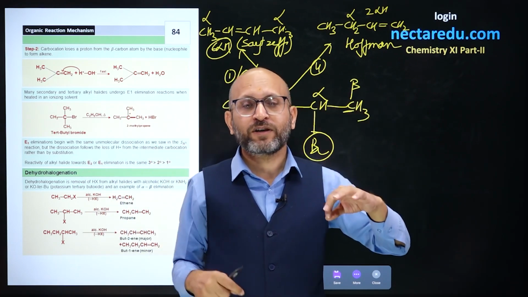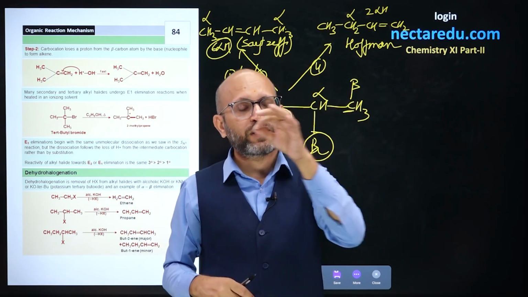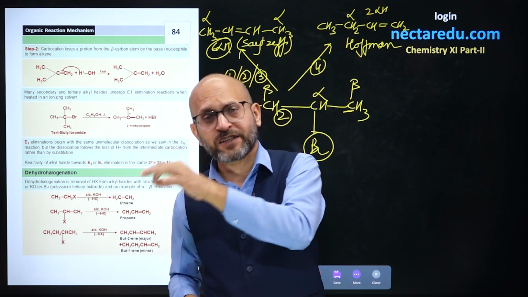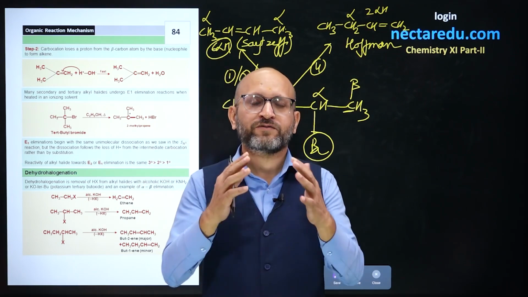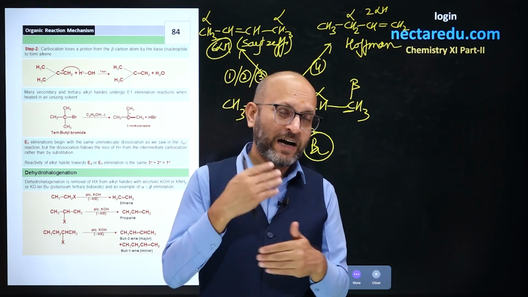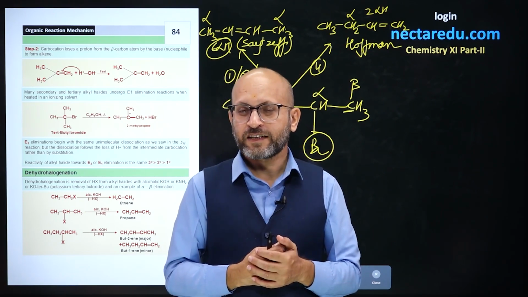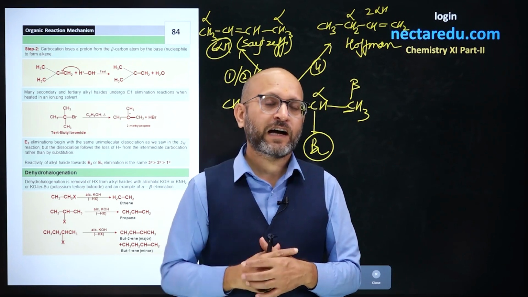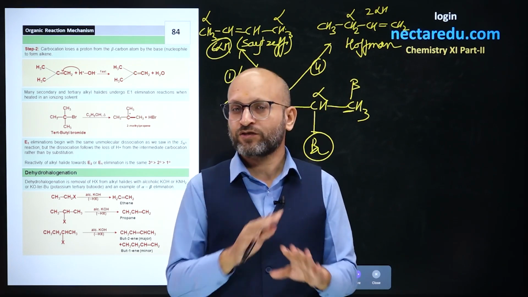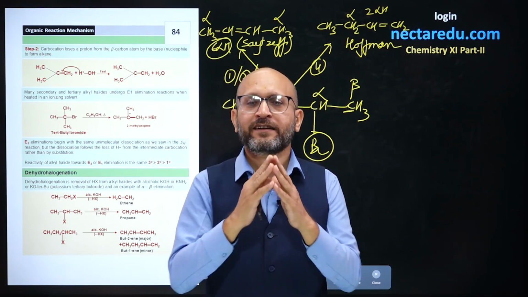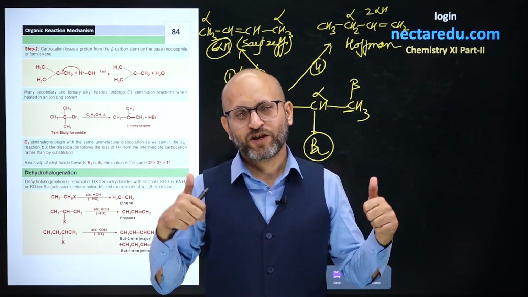So RI is more reactive than RBr, RBr is more reactive than RCl, and RCl is more reactive than RF. And if you ask me in which of these an intermediate carbocation is formed, I will say E1 forms a carbocation. In E2 there is no carbocation formation, only a transition state. So that's it for now. Thank you.